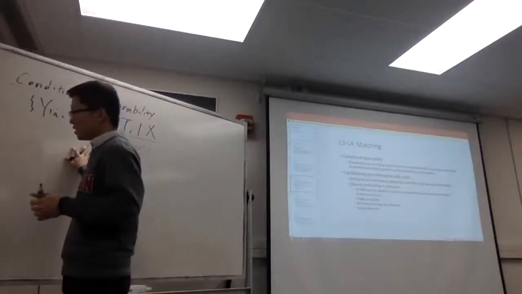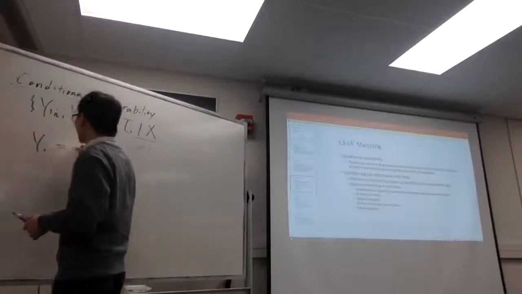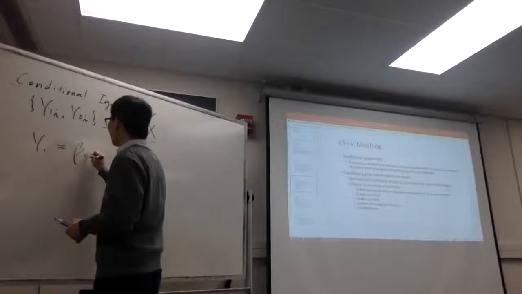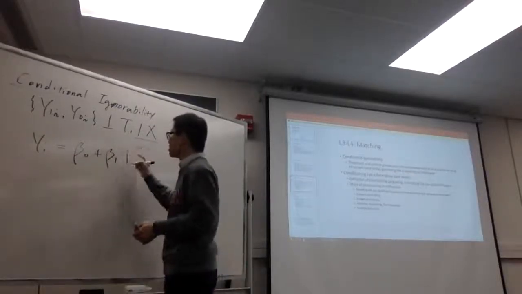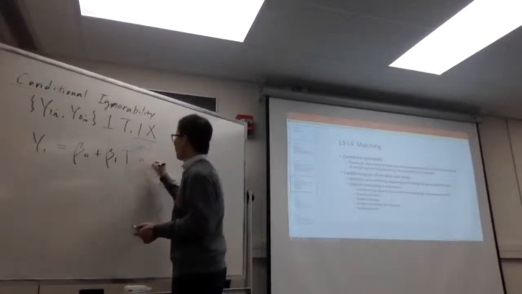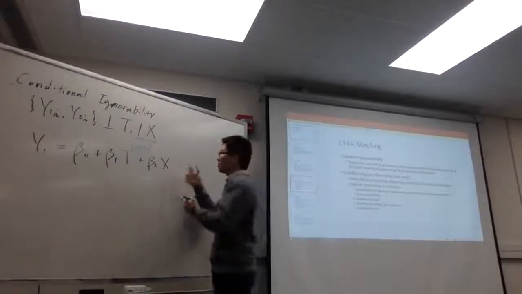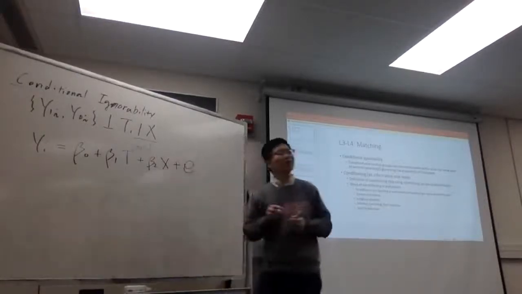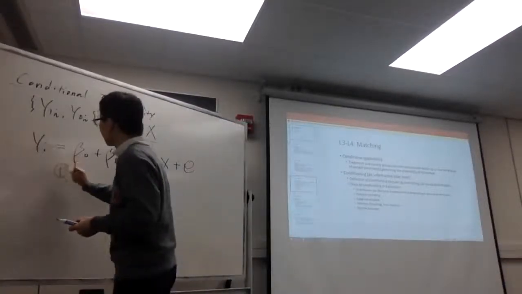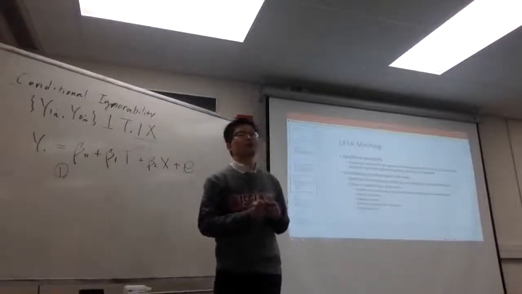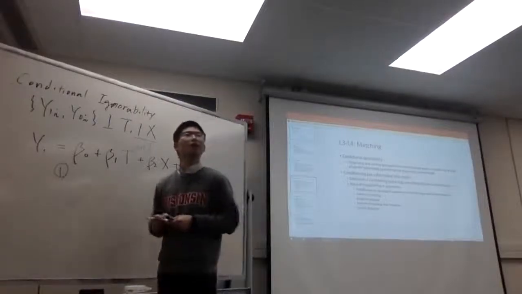This is how linear regressions control variables. Let's say we have the outcome variable, income, and we have an intercept, and let's say gender is the treatment, and race is the covariate, and there is a residual. There are two steps associated with this linear control.